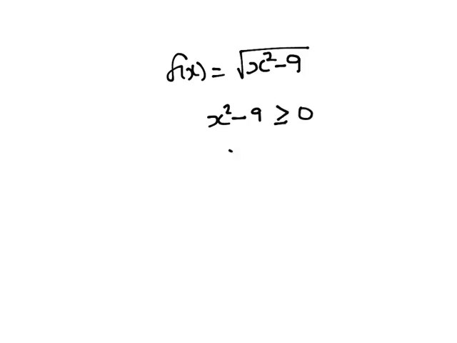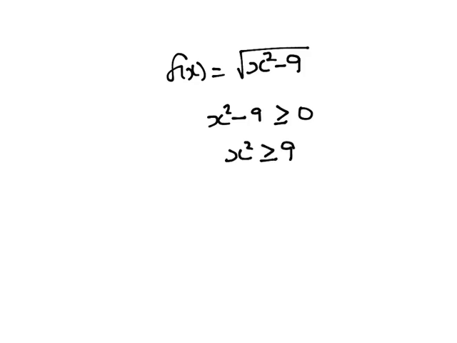So f of x equal to, let us say for example, root of x square minus 9. Okay. Now here, x square minus 9 should be greater than or equal to 0. That means x squared has to be greater than or equal to 9.